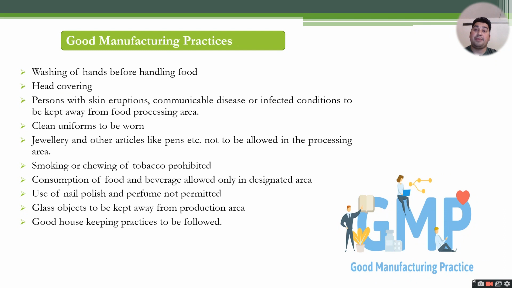Glass objects to be kept away from production area. I would suggest you implement a glass policy and do not allow any glass product inside the food production area. Good housekeeping practices to be followed. All these things come under the good manufacturing practices.